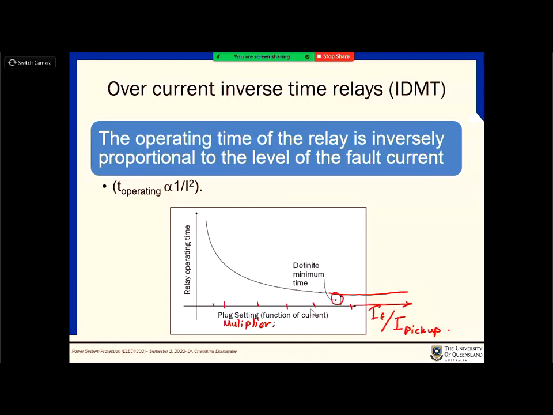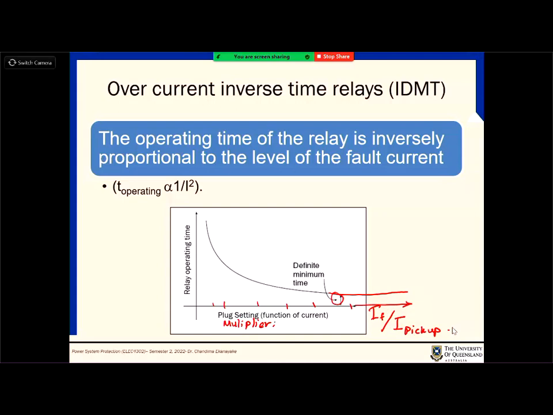When you plot these figures, one issue is that if you can change the pickup current of a relay, then these characteristics change. I don't want multiple characteristics given for the same relay. So they look at the x-axis in a different way: instead of fault current, they divide the fault current by the pickup current.